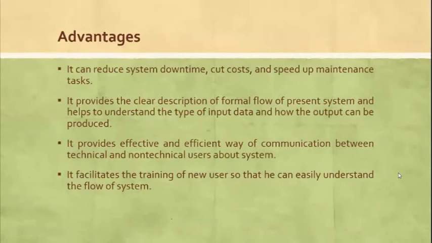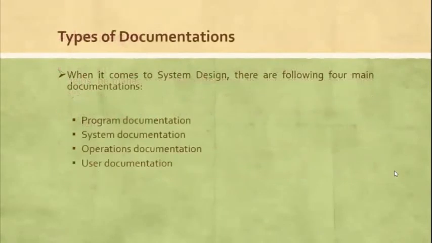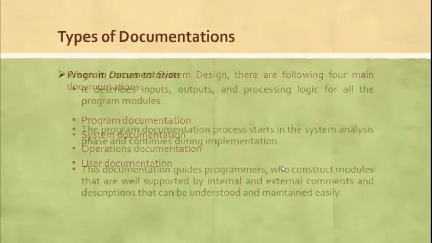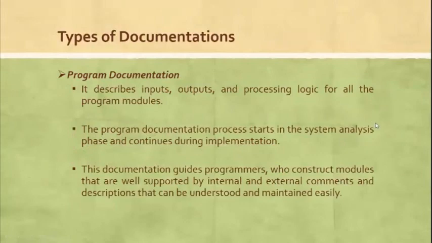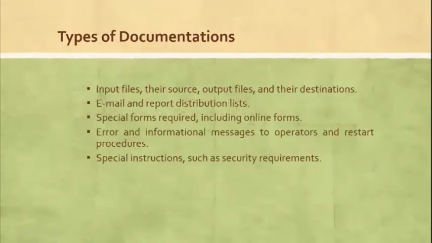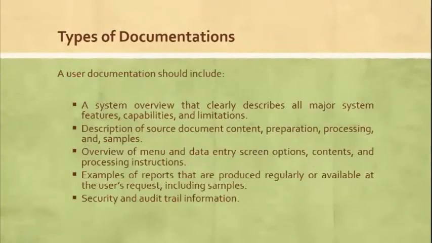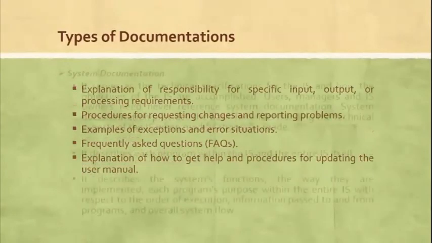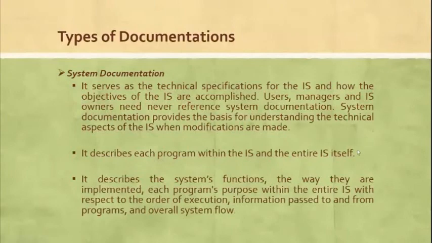Then we also discuss the definition and concept of documentation, and as well as its features and advantages. And we also mentioned the different types of documentation, such as the program documentation, the operations documentation, the user documentation, and the system documentation.